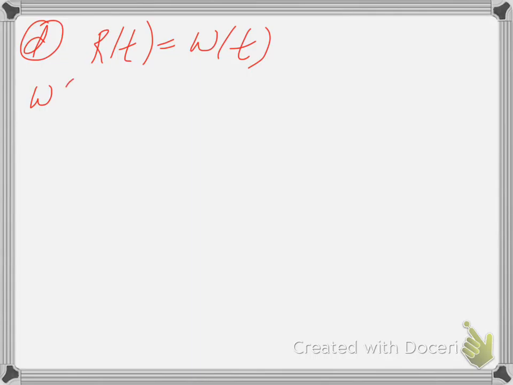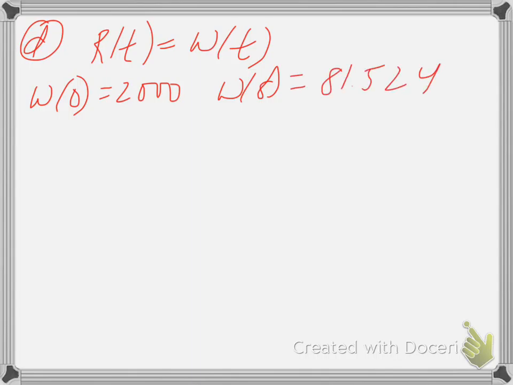I said W of 0, remember, W of 0 is the water that's going in. So at W of 0, that was 2,000. At W of 8, it was 81.524. Okay, how do I know that? Because I just plugged 0 into W of t, which they gave us, and I plugged 8 into W of t, which they gave us. Okay, so it went from 2,000 to 81.524.